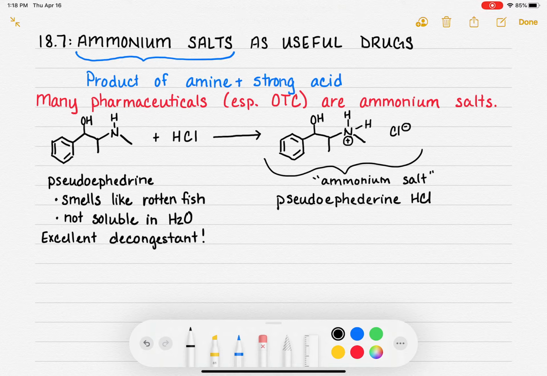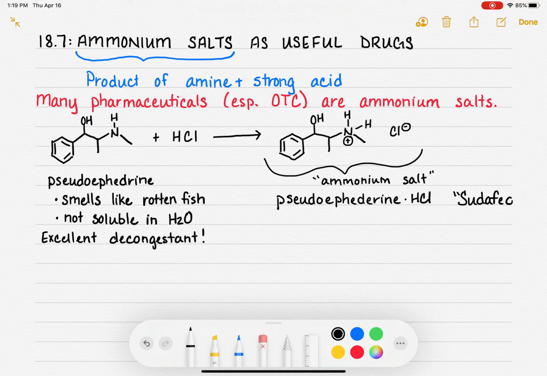And maybe there might be a dot in between the pseudoephedrine and the HCl, but that is the technical name. It's indicating that the pseudoephedrine has been reacted with HCl. The brand name for this combination is called Sudafed.